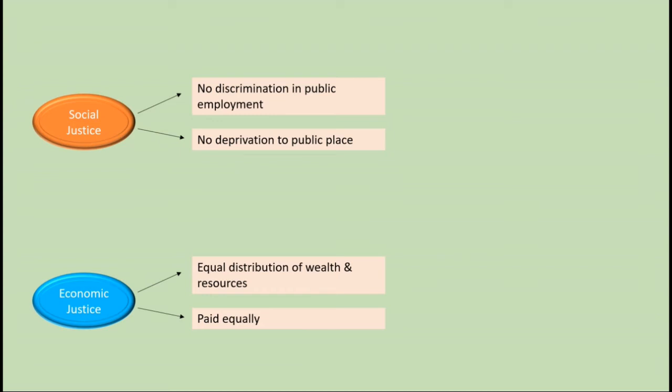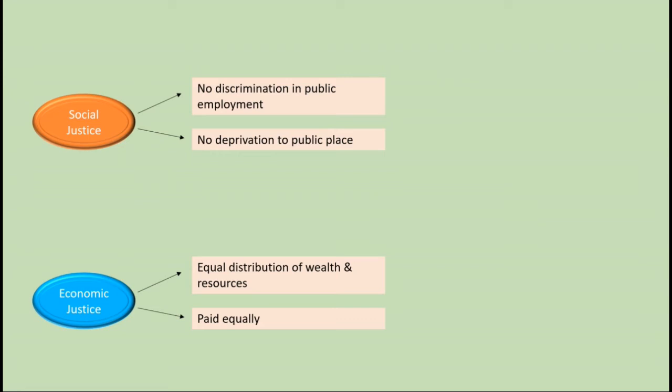Eighth, economic justice. Economic justice aims at establishing a welfare state. Economic justice stands for equal distribution of national wealth and resources among people without discrimination.